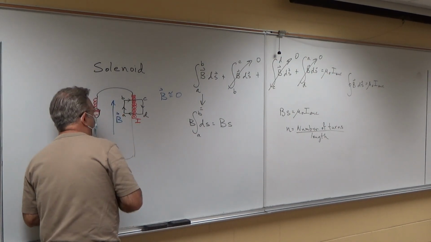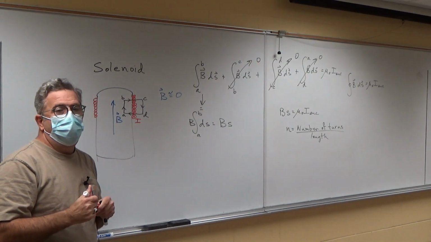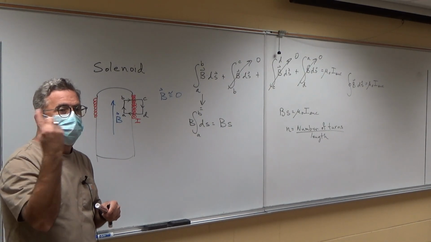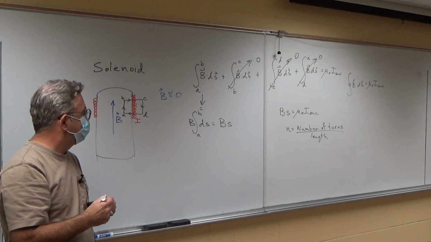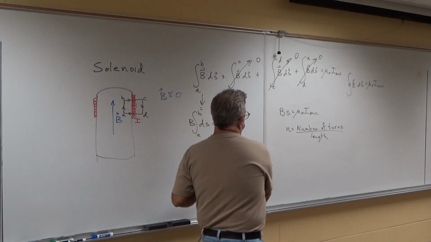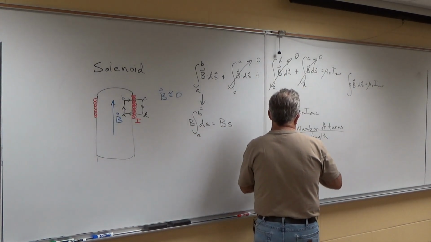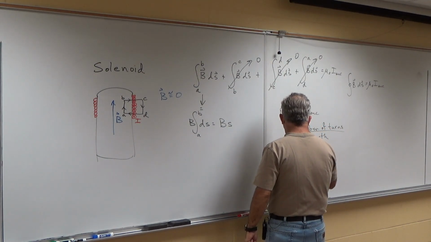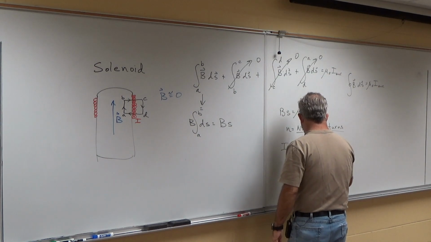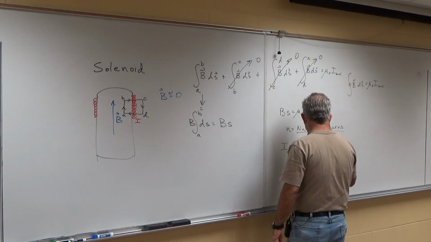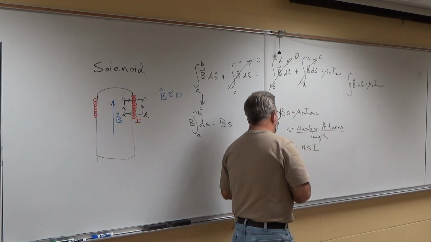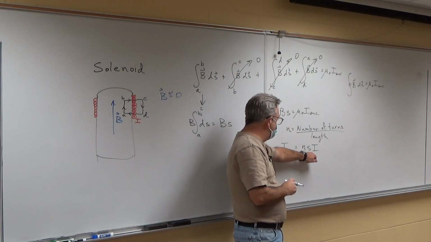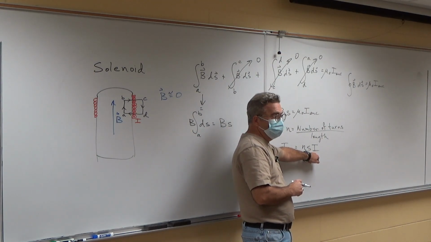Each little turn has, they all have the same current flowing through them, okay? Then I enclosed is equal to nSI. That's the turns per unit length, that's the length, and that's the current in the turn.